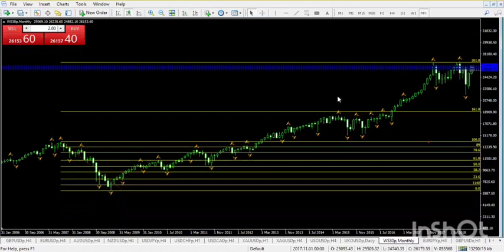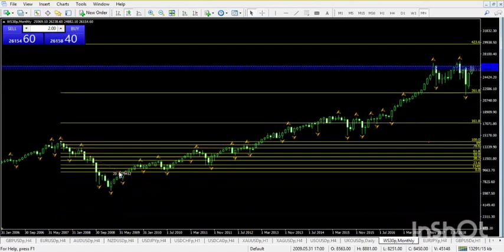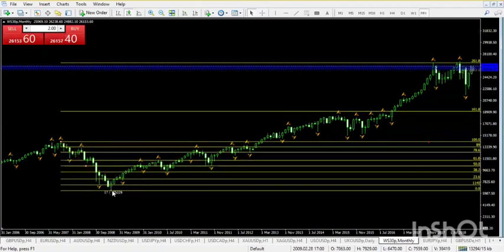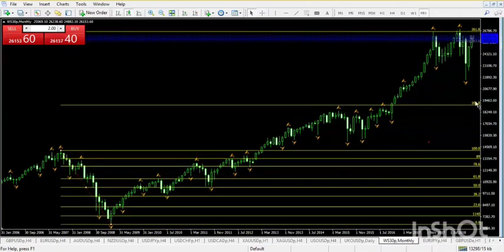And when that breaks as well, we have another level above that, which is 423. And this is the maximum level you can use Fibonacci with.